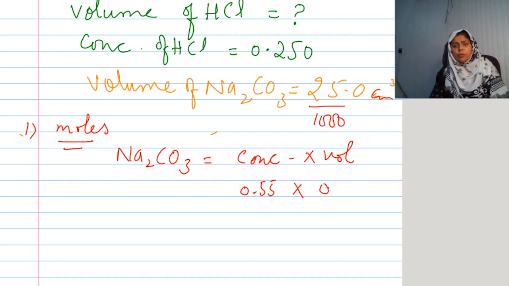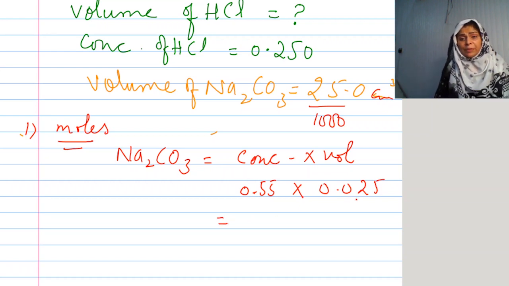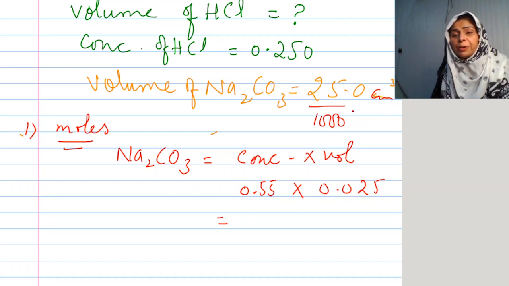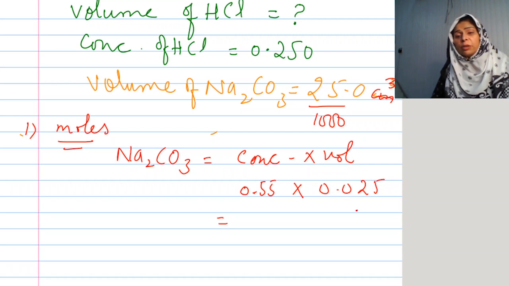We get 0.025, so the answer is in decimeter cube. We divide centimeter cube by 1000 to get the value in decimeter cube.